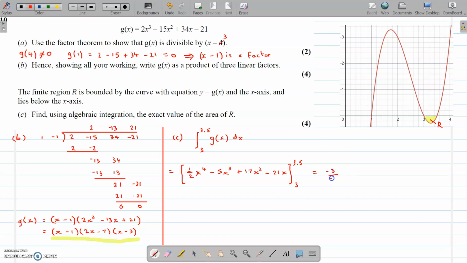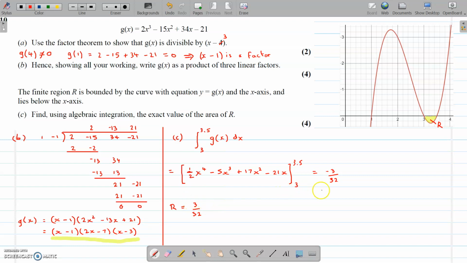Negative 3 over 32. And you must put the negative sign in at this point because the value of this integral is negative 3 over 32. Then you can conclude that the region R is 3 over 32, because of course an area is an absolute number. It's not requiring a negative or positive sign.